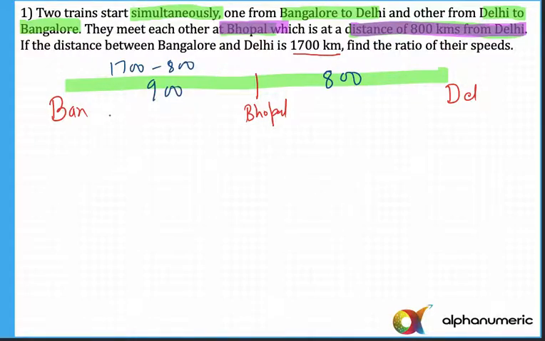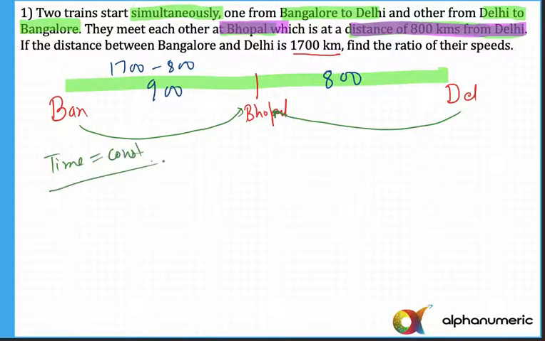Now, what is constant here? The constant term here is time, because from Bangalore to Bhopal and Delhi to Bhopal, since both the trains started at the same time, the time taken by them to reach Bhopal will be exactly the same because they are meeting each other here. So the first thing you identify is that time is constant.